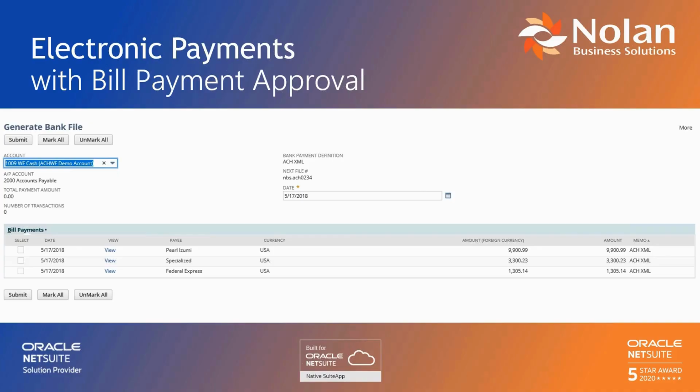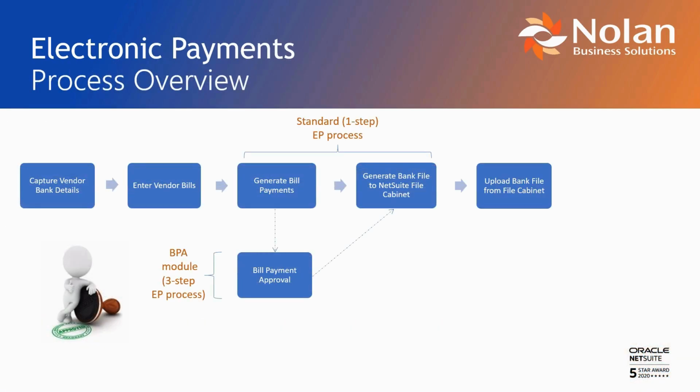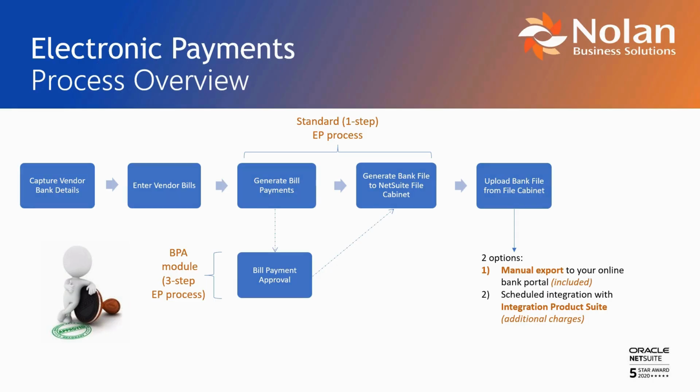Some people want to remove that manual intervention and have been requesting a more automated integration between NetSuite and your bank's server. So the option available to you here, once the file is located in the file cabinet, is that we have a number of clients working with an integration partner that see an automated file transmission between that NetSuite file cabinet directly to the bank through an SFTP server connection.